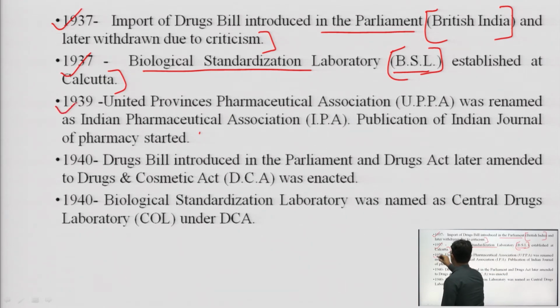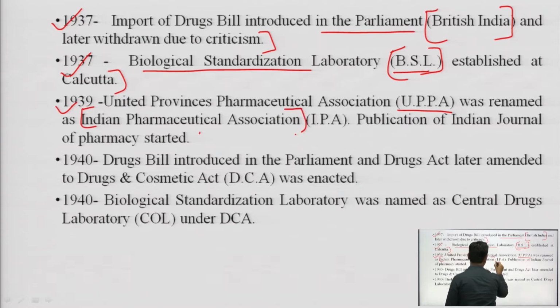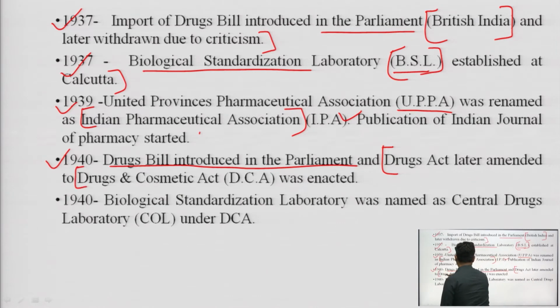In 1939, the United Provinces Pharmaceutical Association (UPPA) was renamed as the Indian Pharmaceutical Association (IPA). In 1940, the Drugs Bill was introduced in the parliament, and the Drug Act was later amended to the Drug and Cosmetic Act.